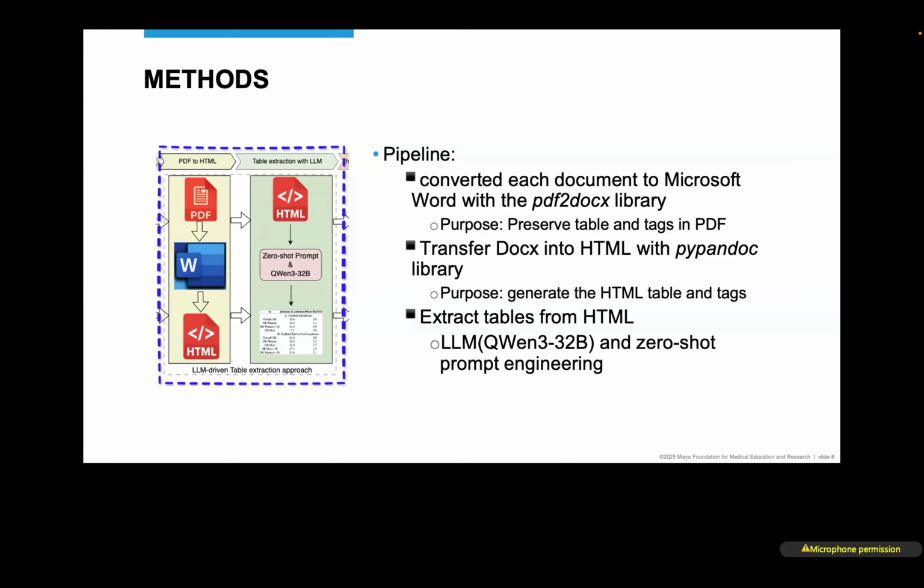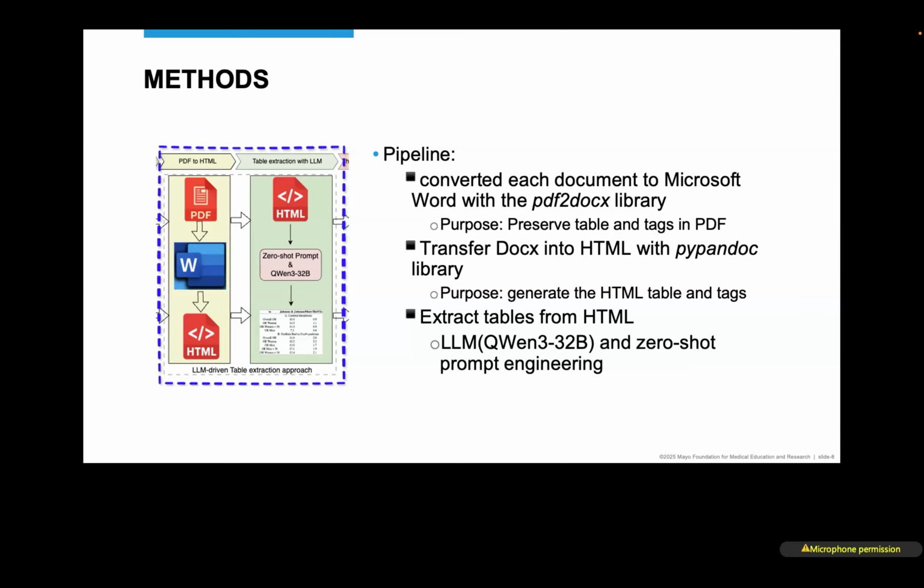So we adopt two steps to convert the PDF to HTML. The first step is to convert the PDF to a Microsoft Word file. We use the pdf2docx library, and the purpose is to preserve the tables and the tags within the PDF file.